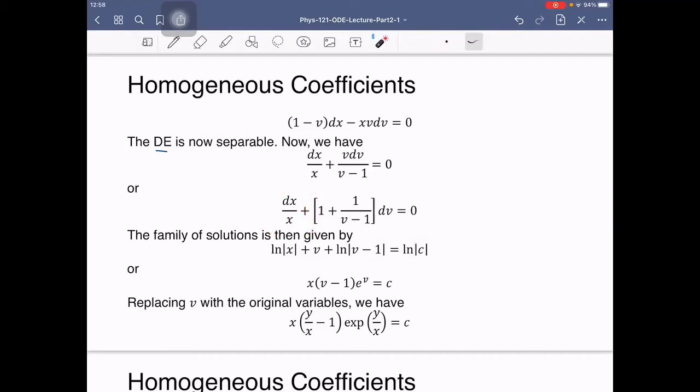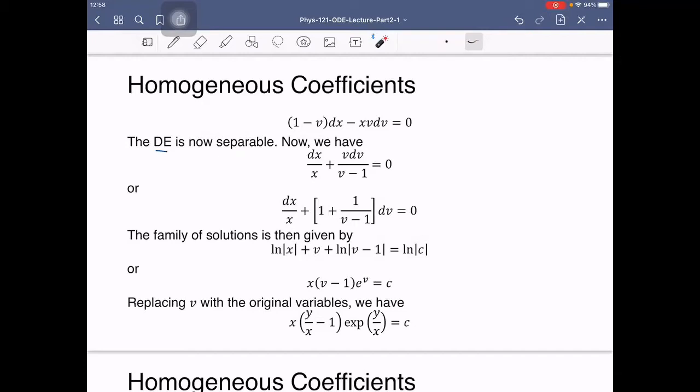madali na makuha. So, the integral of dx over x is just ln of absolute value of x. And then in this case, meron ka lang dalawang term ng integration. So, yung una is dv, integral ng dv ay v. And then, since we have 1 over v minus 1, this is just equal to ln of absolute value of v minus 1.